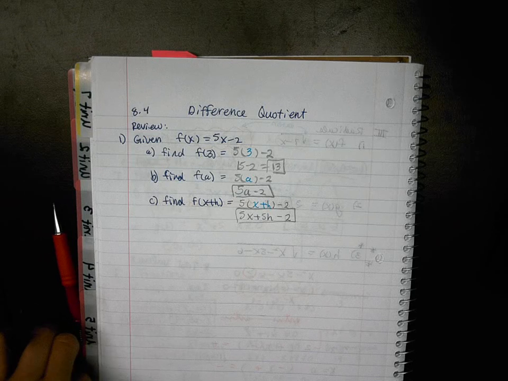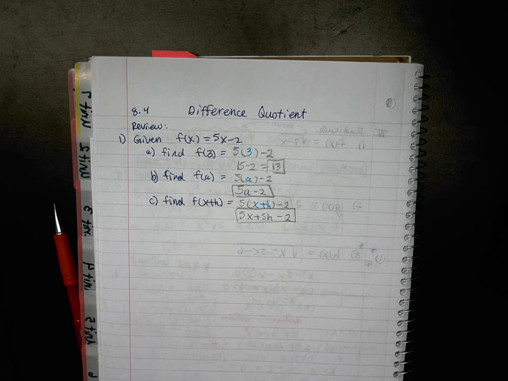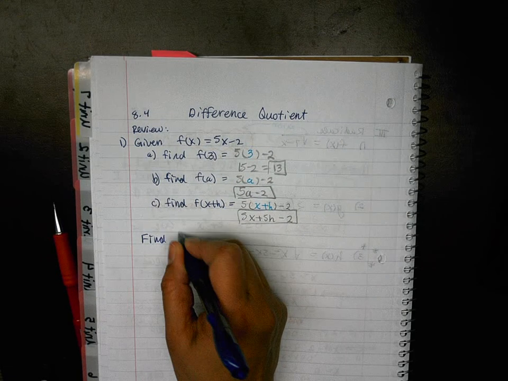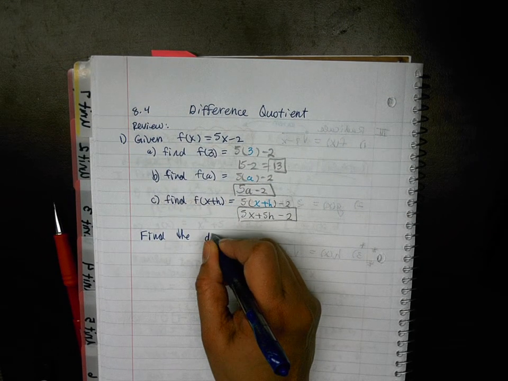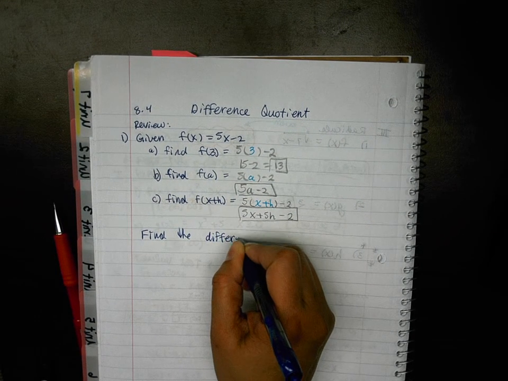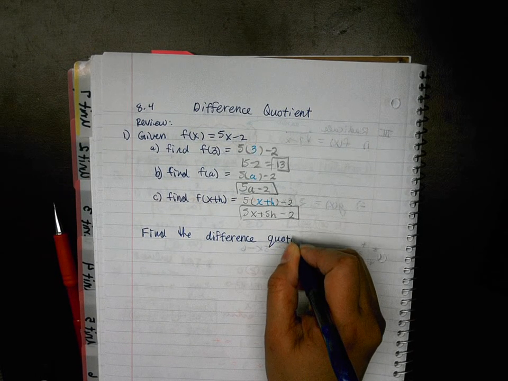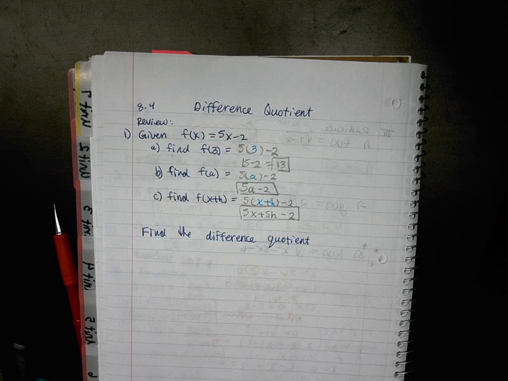Okay, number 2, find the difference quotient and simplify. This comes up on today's assignment. Of course, you will see it again on the quiz. Okay, so what did I say? Find the difference quotient and simplify.